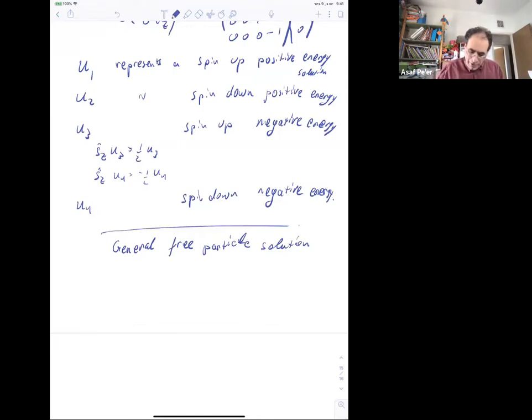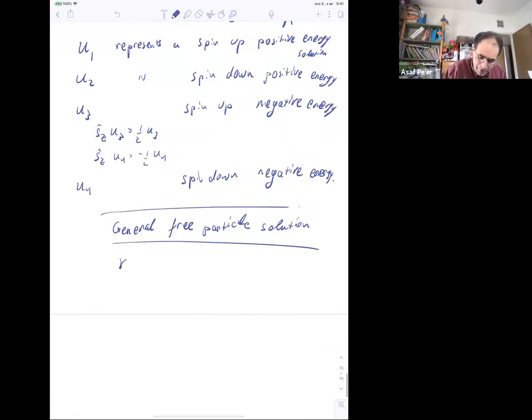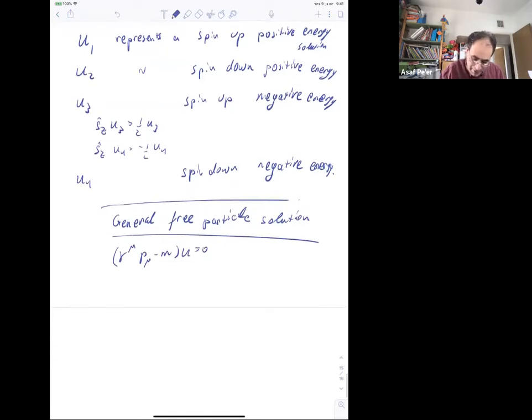Okay, so now let's look at the general free particle solution. We have the full equation, gamma mu p mu minus m, acting on u, is equal to 0. So we're going to write down the Dirac equation using the Dirac-Pauli representation of the gamma matrices.